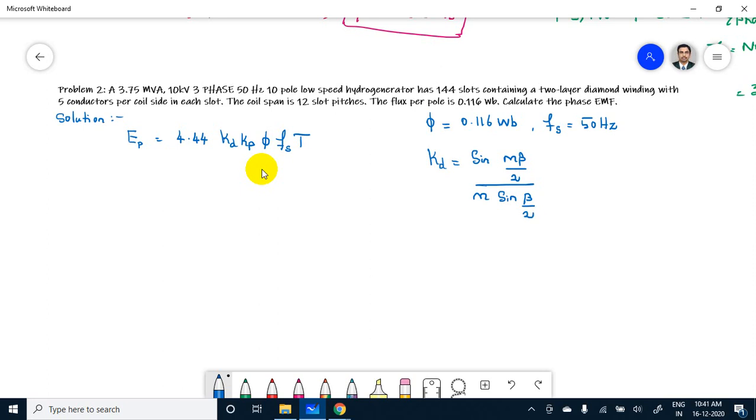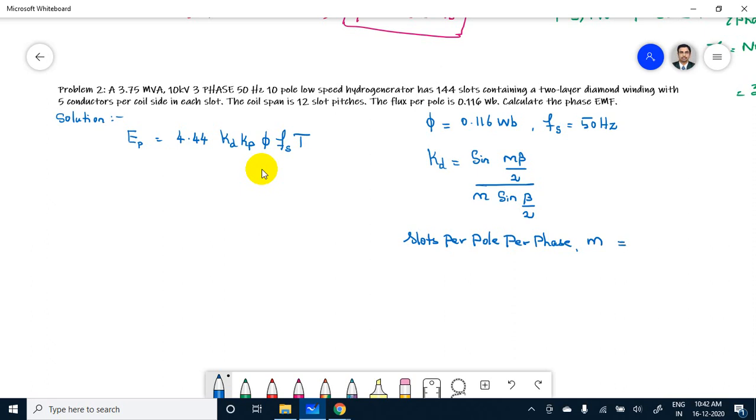Okay, m is nothing but slots per pole per phase.